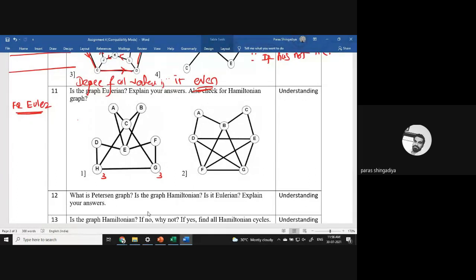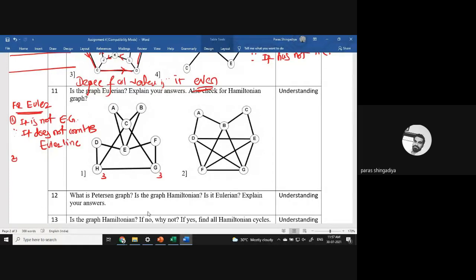So here the conclusion for Euler is that it is not an Euler graph, because it does not contain an Euler line. You cannot find such an Euler line, a closed walk which covers every edge exactly once. That is the answer for Euler.